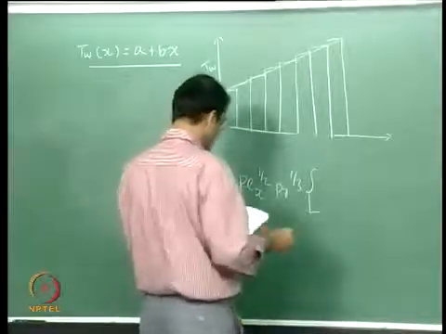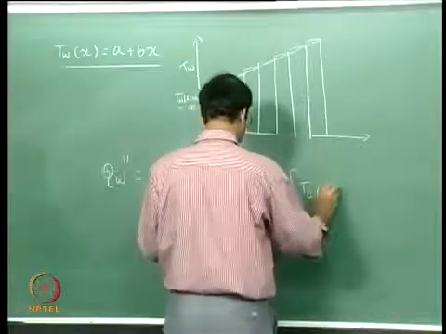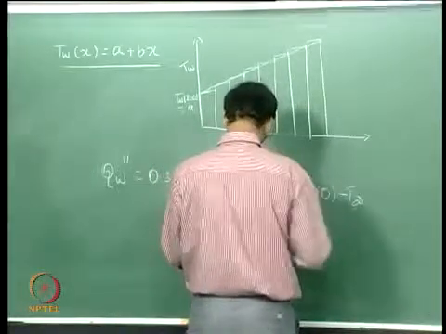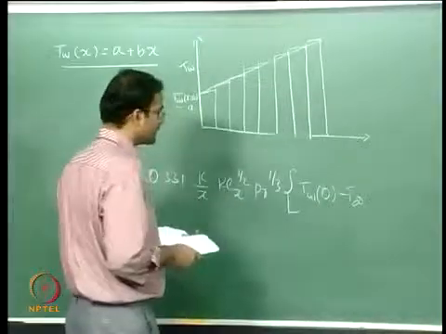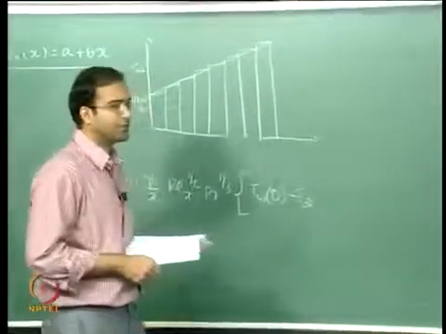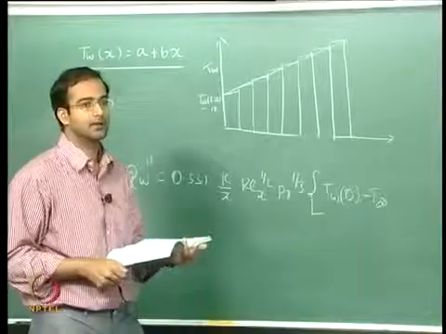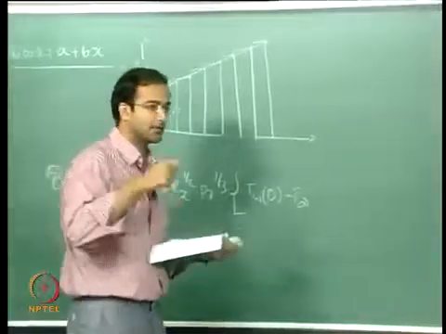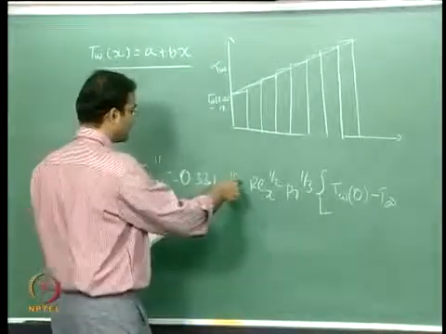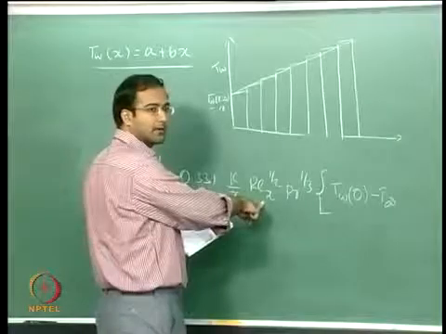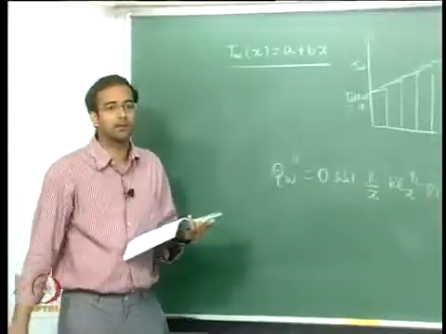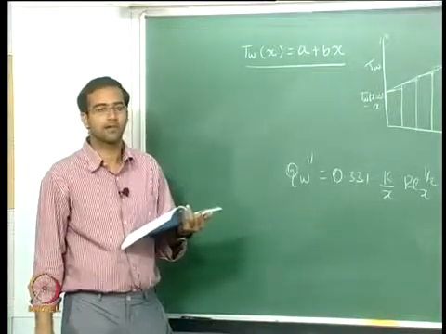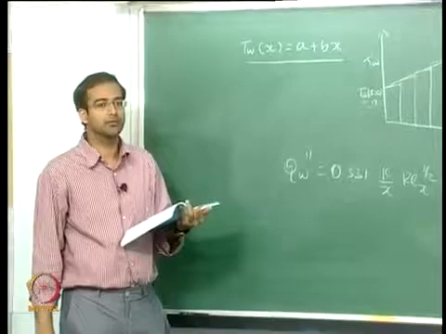So this will be T wall 0 minus T infinity. So when you differentiate the original profile you have phi, so that will be minus k d phi by dy at y equal to 0, which will be nothing but the heat transfer coefficient h. So that h you have already substituted as 0.331 k by x Re_x power half Pr power 1 by 3 into 1 minus zeta by x the whole power minus 3 by 2, 3 by 4.